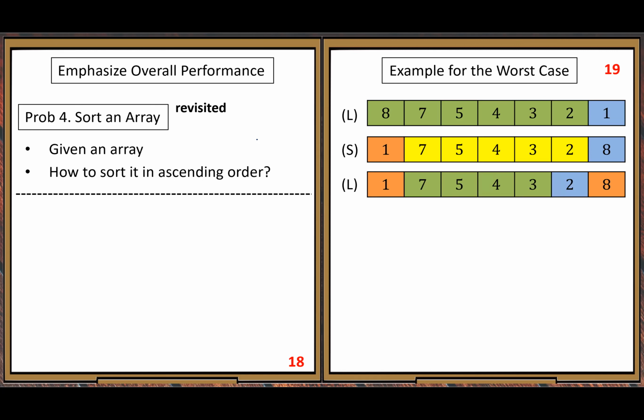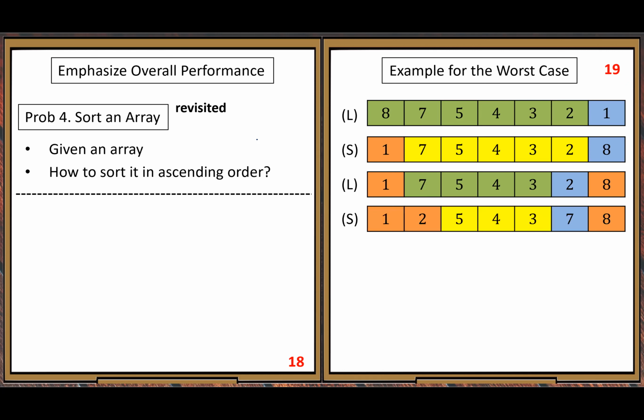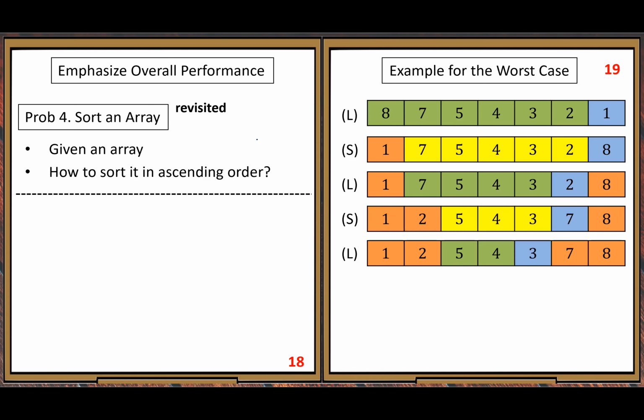After another partition step, 2 is the pivot, another extreme case, and so on. For every partition step, we get an extreme case. At the end, we get the worst case, like this one.